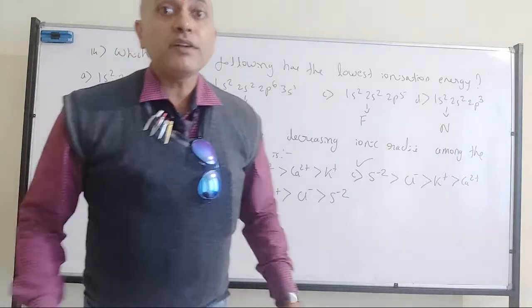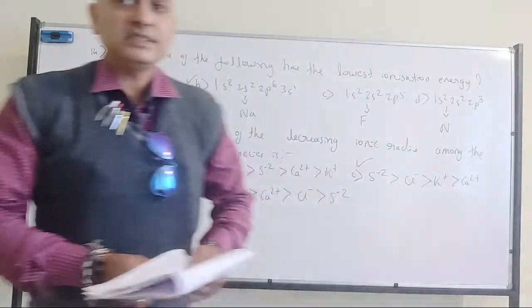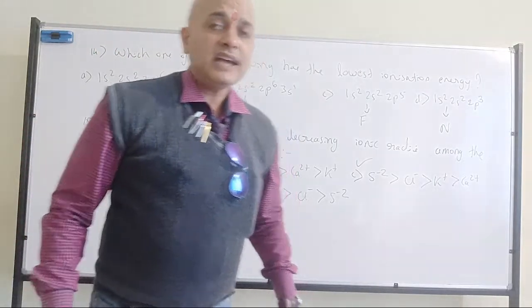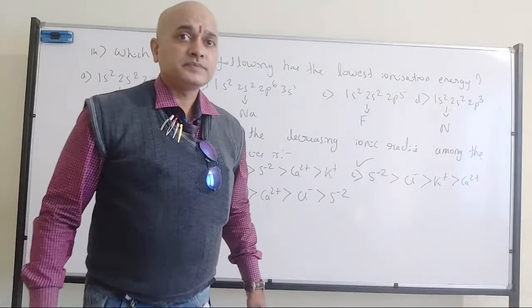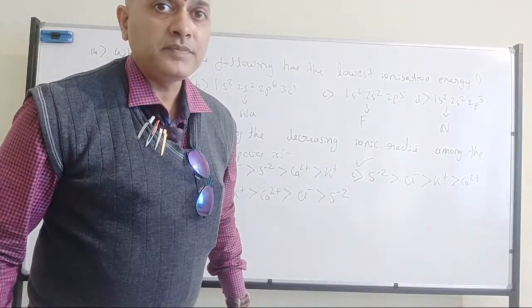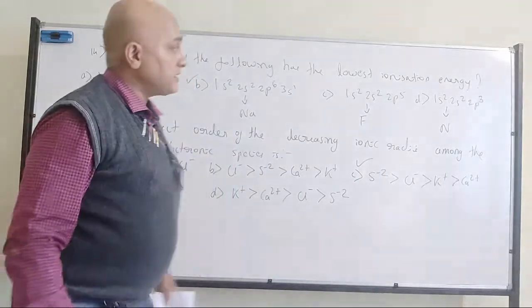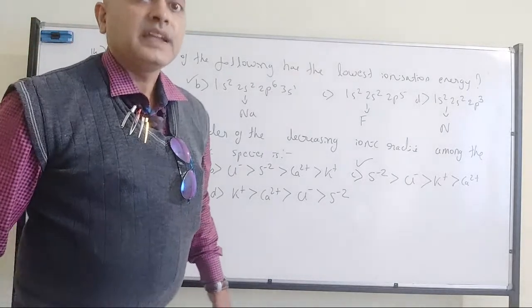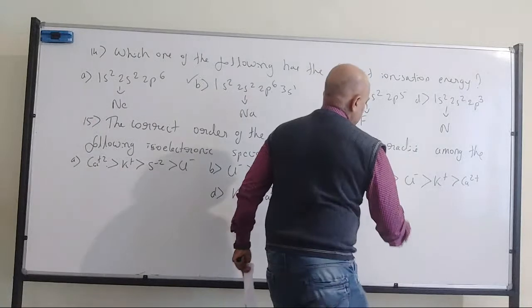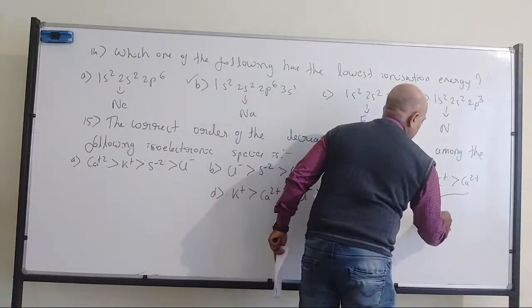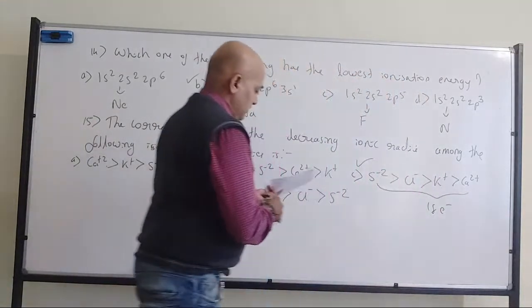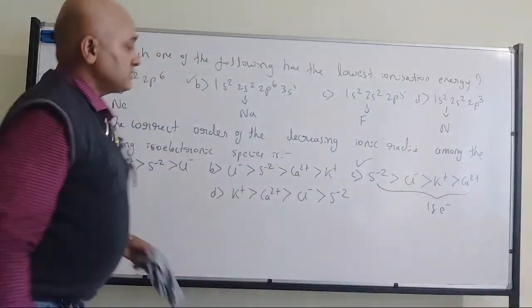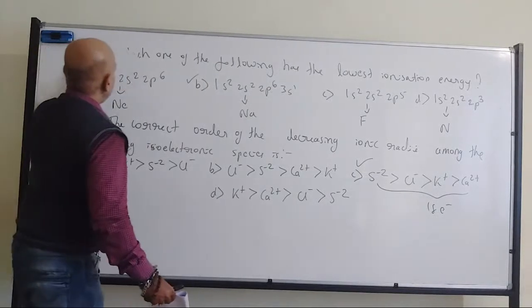What is the total number of electrons in these isoelectronic species? That is 18. Very good. So all of them have 18 electrons. Fine. So therefore option C should be the answer.